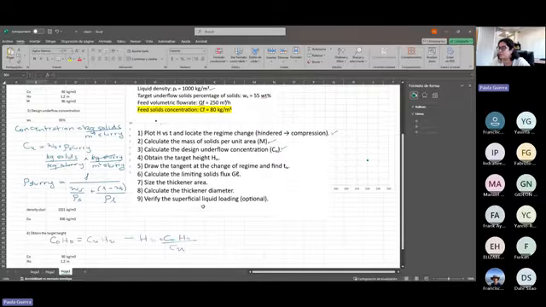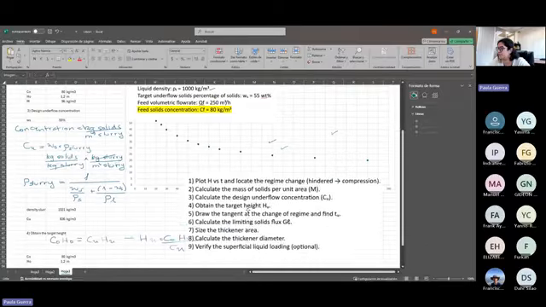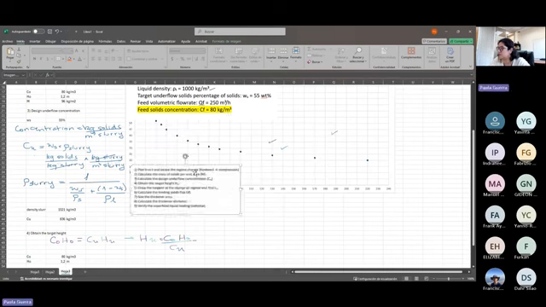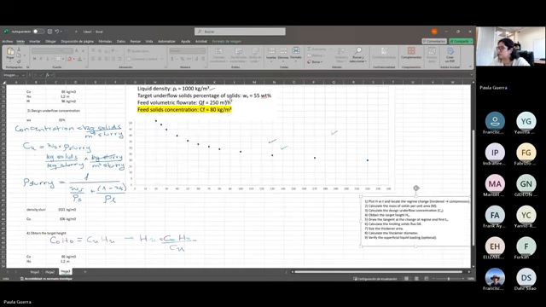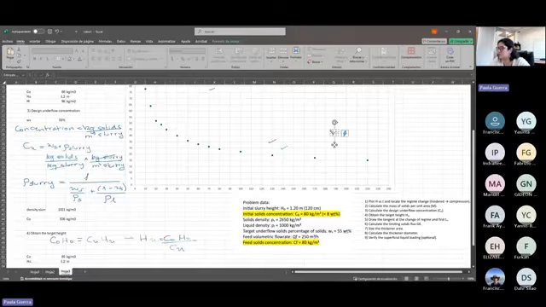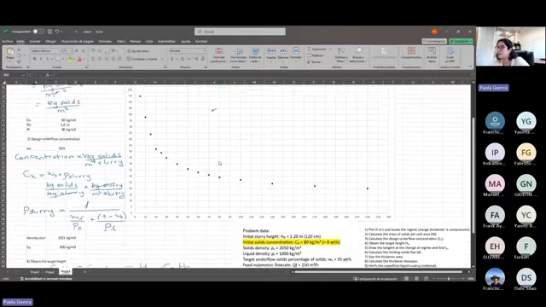Okay, so now I'm going to move these out of the way, eliminate these little things over here. And we're going to calculate the tangents, okay?